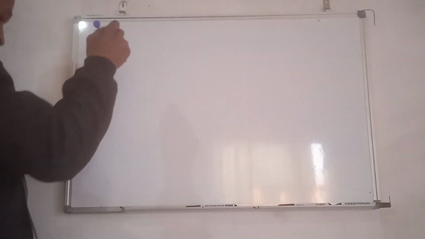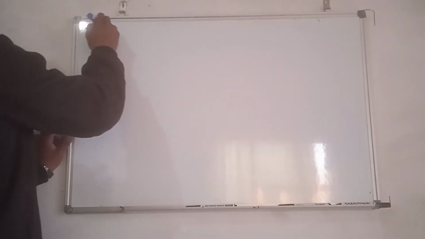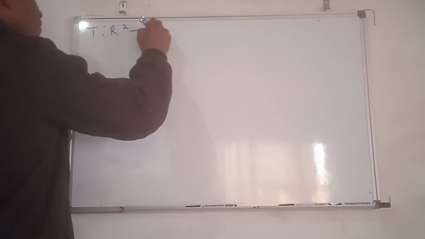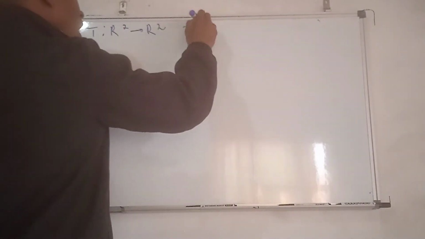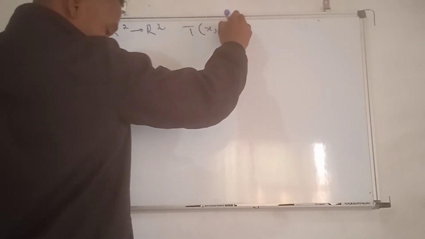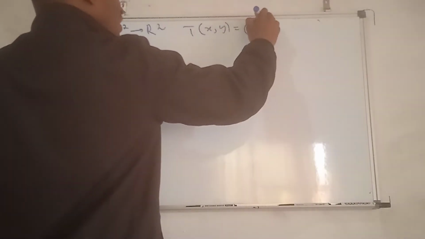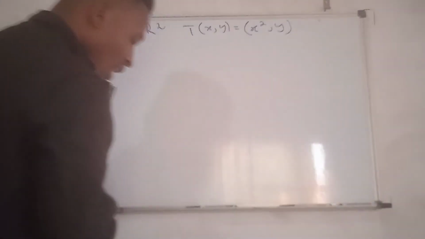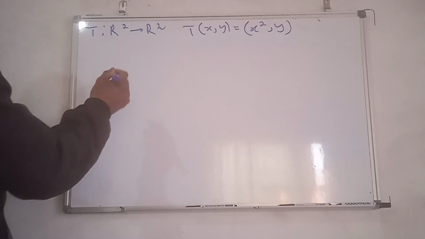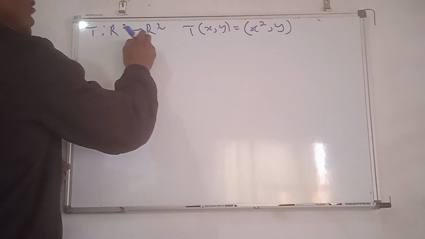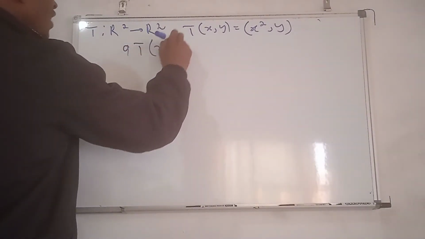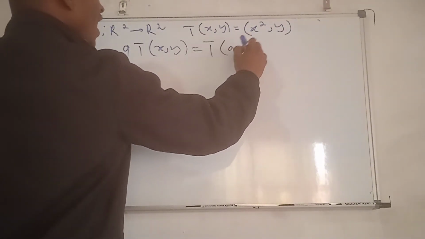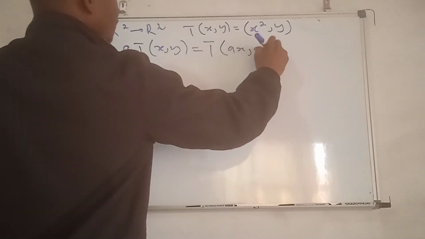Suppose that we are given T, where T(x, y) is equal to (x squared, y). They are saying we must check if this respects the scalar. But I've already said that aT(x, y) should be equal to T(ax, ay).